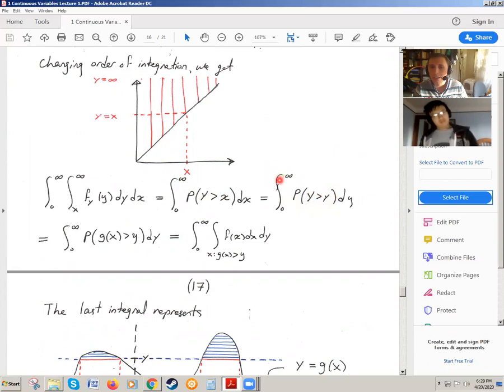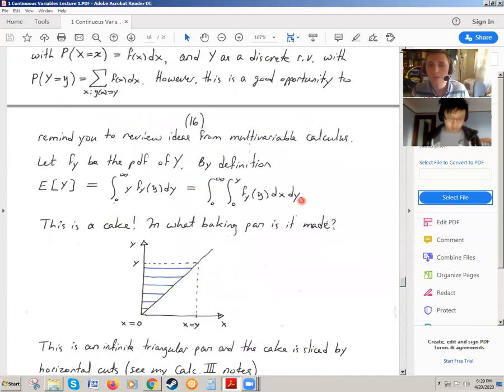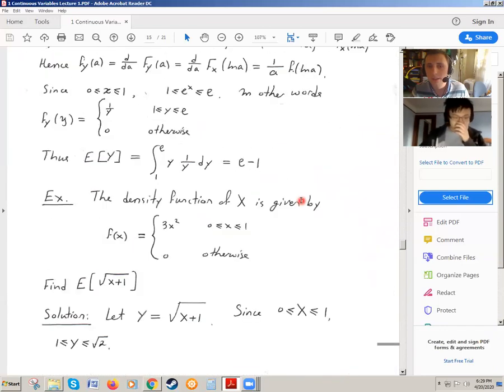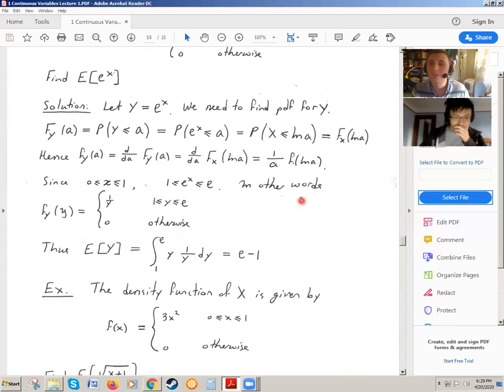So instead of having the y in front, I can just say the integral of 1 minus the cumulative distribution, because this is 1 minus the cumulative distribution. So instead of having, as we have over here, x times little f of x, I can replace it and write 1 minus the cumulative distribution. It ends up being the same.